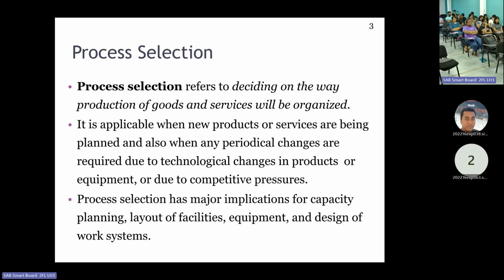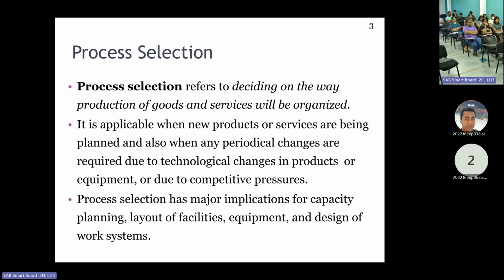In addition to that, as we can see here, identifying how the processes are arranged, not process design, but how processes are arranged, the way in which processes are organized.